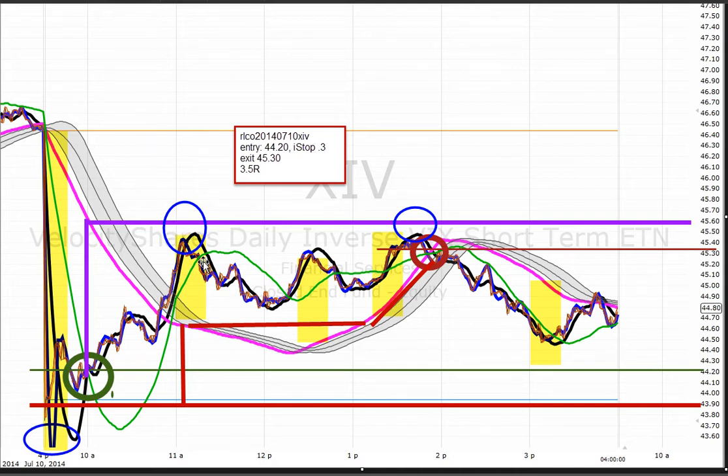Then we get a peak, it pulls back, finds support, bounces, comes back, gives us almost a triple top, you might say. And I exit here when price in the regression line 10 crosses back over the 270 at 45.30. So that is about $1.10 on 30 cents, so a little over about 3.5 R.